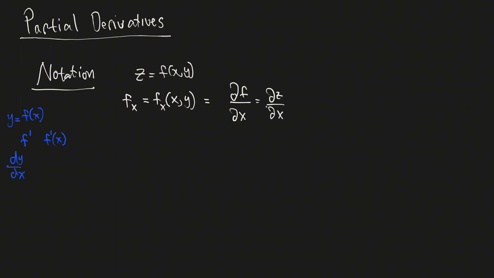And then there's some other plays on this. Let me just go back in this direction. Similar to how you could use either f or z here, you can use either f or z in this context as well. So all these mean the same first partial of our function with respect to x. And there's another one that we won't really use a lot, but I'll mention it just in case you're looking at other resources and you're seeing this stuff out there.